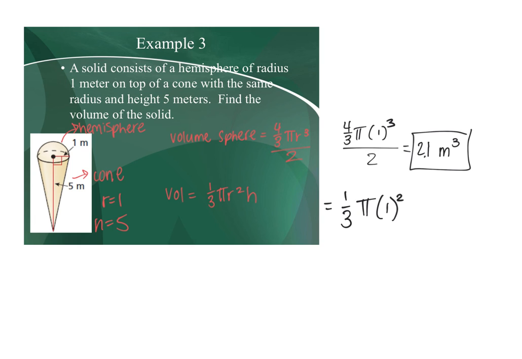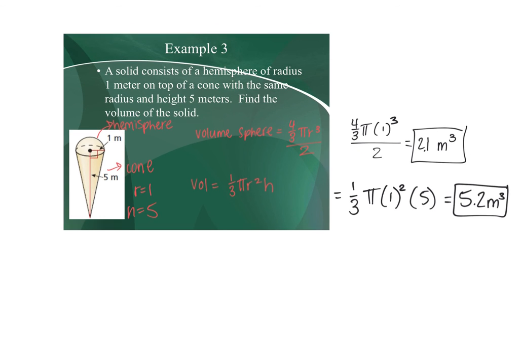And then multiply it by the height. The height is 5, okay? So this should have been 1/3 times pi times 5. That's 5.2. Which one's my answer? You add them, so you should get that the volume of the whole solid is what? 7.3 meters cubed. That's it.